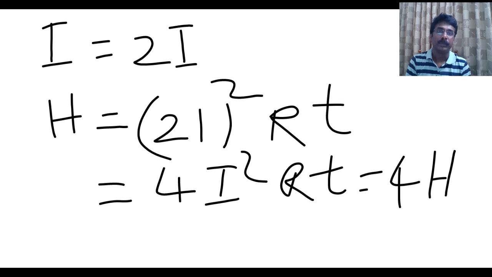Next, R and T are the same, but I doubles. Then H equals I square RT, I becomes 2I, then 2I all squared into RT. That means H equals 4I square RT. I square RT is H, so H became 4H. That is, H is 4 times.